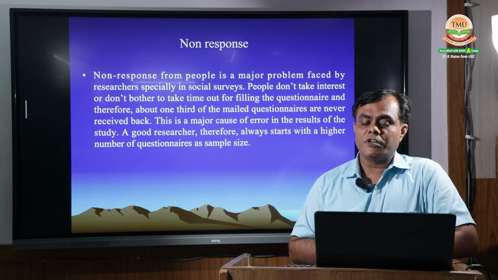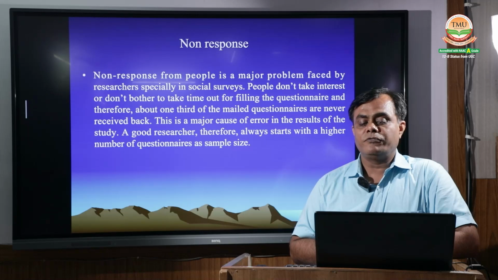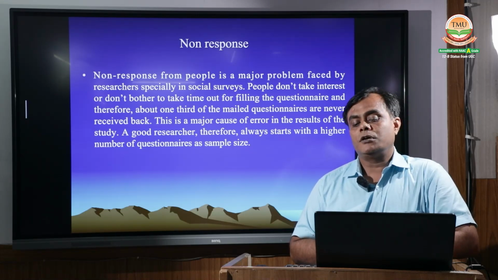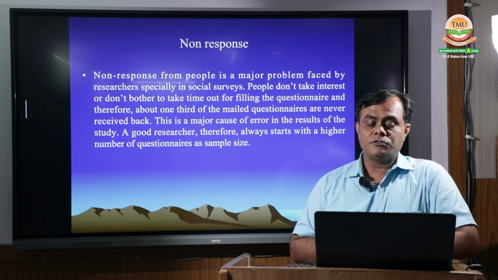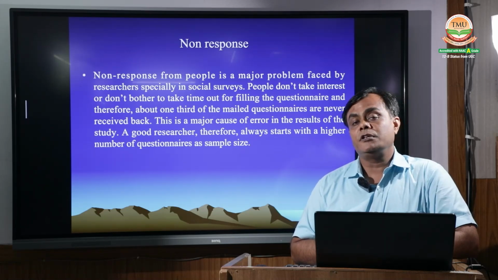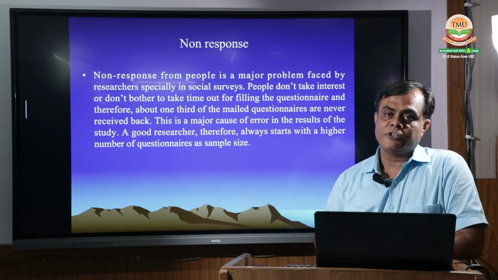People do not take interest and do not bother to take the time to fill in the questionnaire, and therefore about one third of mail questionnaires are never received back. This is a major cause of error in the results of the study. A good researcher therefore always starts with a higher number of questionnaires in the sample survey.